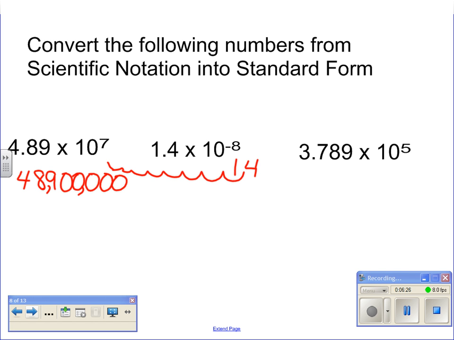And I didn't give myself enough room, but that's okay. 1, 2, 3, 4, 5, 6, 7. Because the 1 counted as my first. So my decimal goes there. You can see looking at that why scientific notation is a helpful way of writing numbers. That looks a lot easier than writing it out with all those zeros with that decimal.